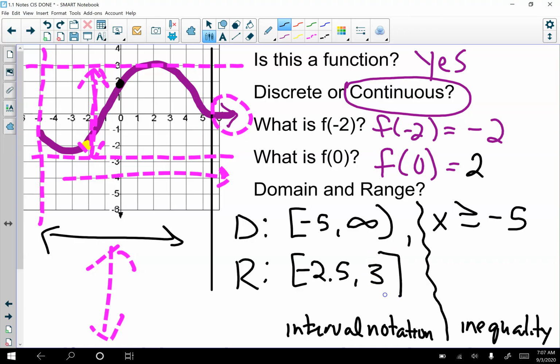And notice I have the 2.5 because this is the least number. This is the greatest number. And notice I have brackets because it's including both of these points right here and right here. And if I was going to write this in inequality, I would say y is greater than or equal to negative 2.5 and less than or equal to 3. Lots going on in this page.